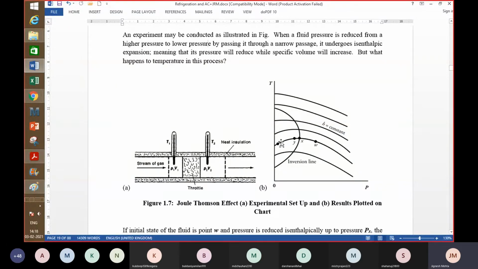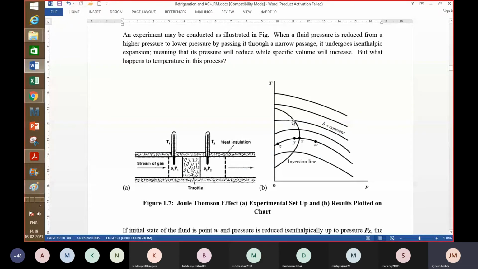So you can see that the temperature will reduce. So this exercise may be done for all different enthalpies, and you can plot this PT curve, right?